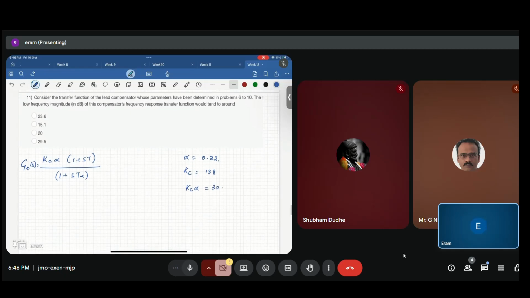Okay. So what will be the low frequency magnitude? We have to calculate the magnitude of this low frequency region.